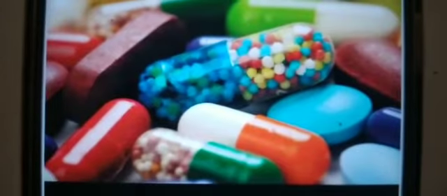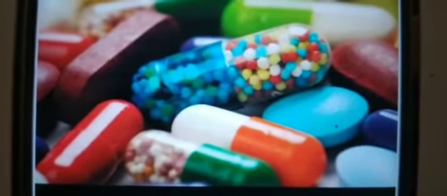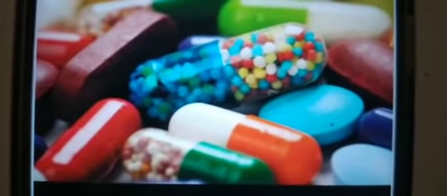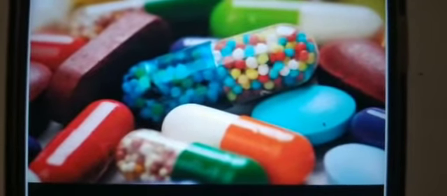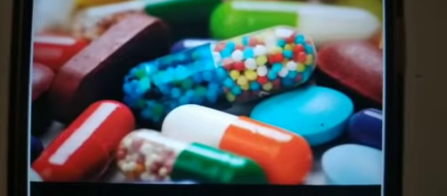The tablets we take as antibiotics are made from microorganisms. These microorganisms have the capacity to kill other microorganisms that cause disease in our body.